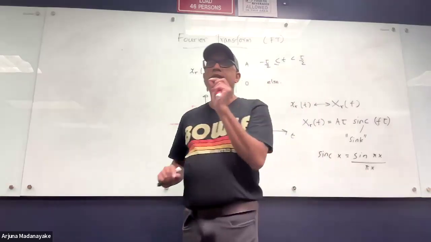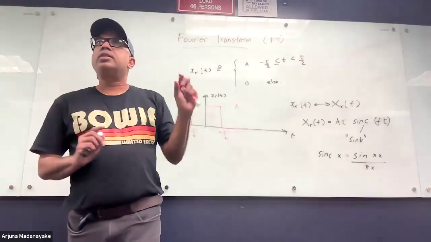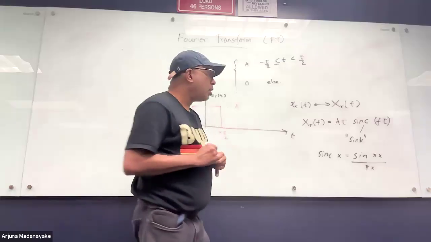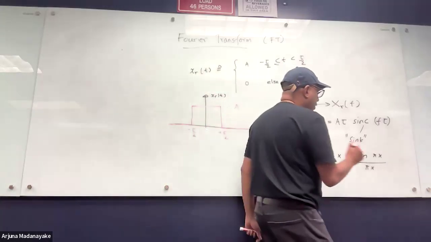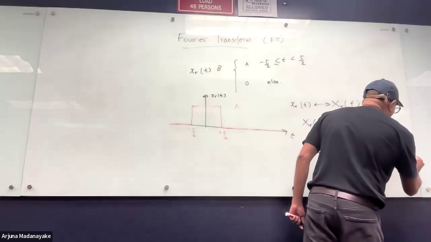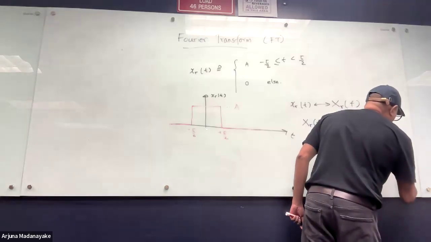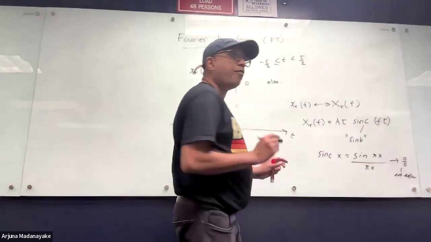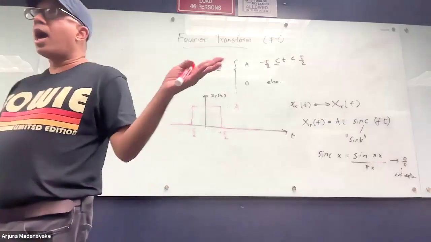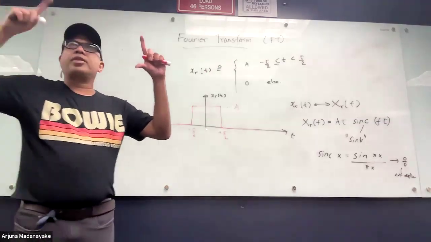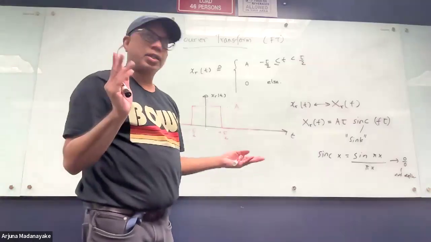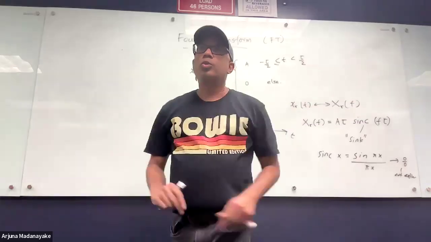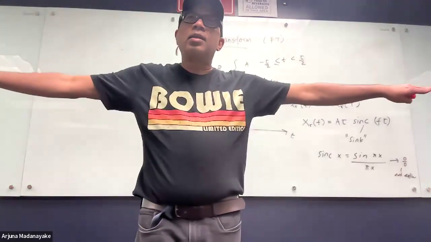So as x goes to 0, both the numerator and the denominator tend to 0, which causes a problem because at exactly x equals 0, we tend towards something like 0 divided by 0, which is not defined. But for other values, as x gets larger, the sine component is oscillatory. There's no change. It's still a sine function. And the 1 over pi x is an asymptote to 0.